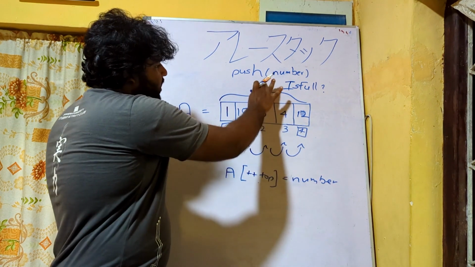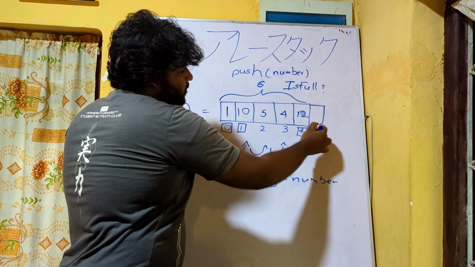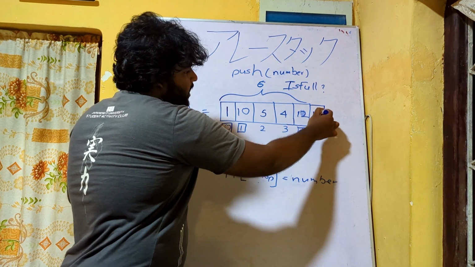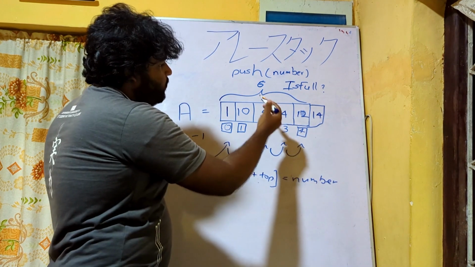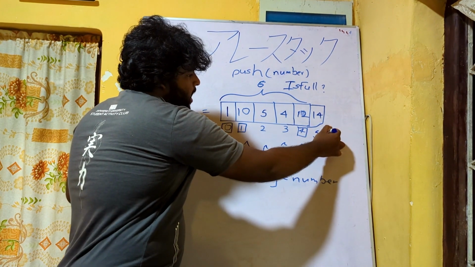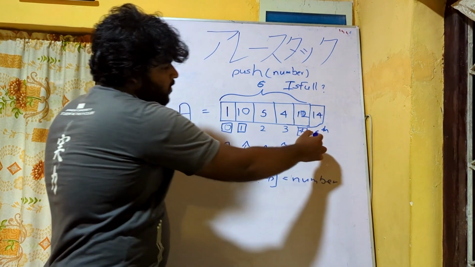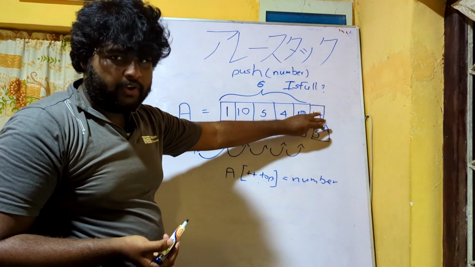Imagine if this array is actually of size 6, and imagine we have an element here, and the highest index of my array is the 5th index, and my top is always at its highest index if the array is full.